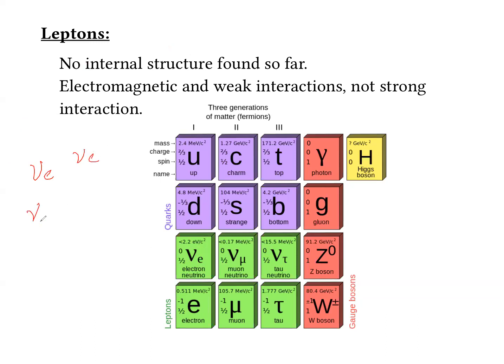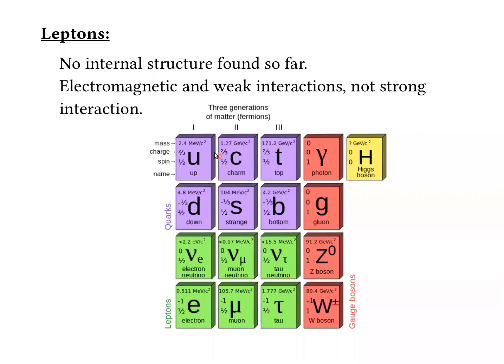But because of the mass, the electron neutrino can convert to the muon neutrino, and so on. So we have 6 leptons: the electron, muon, and tau, and the 3 neutrinos.